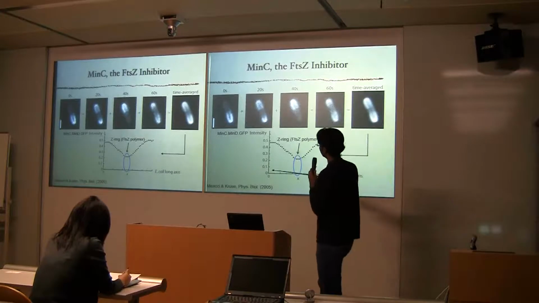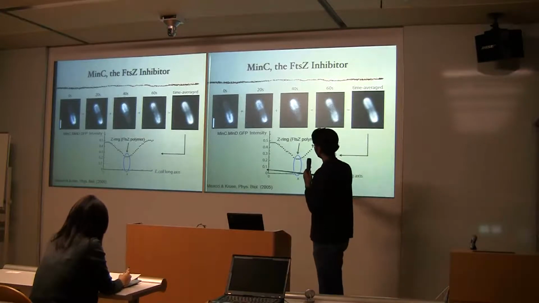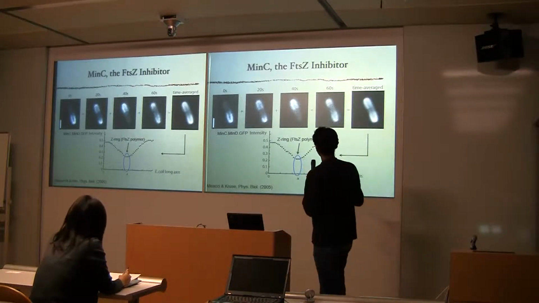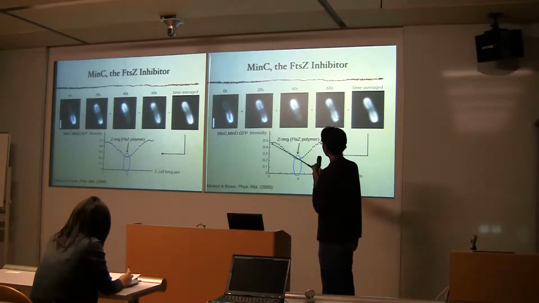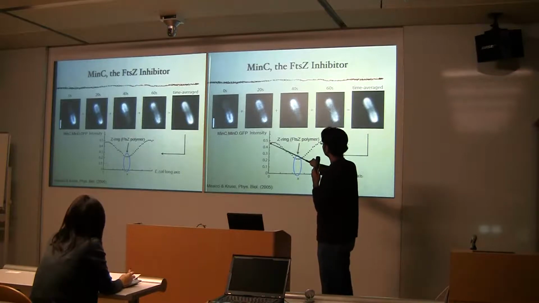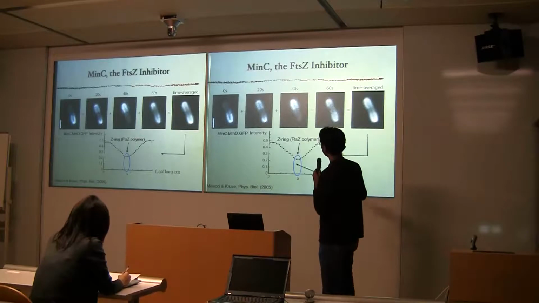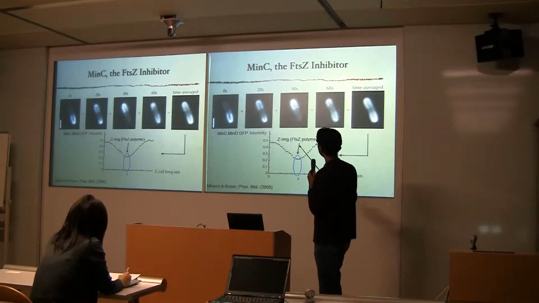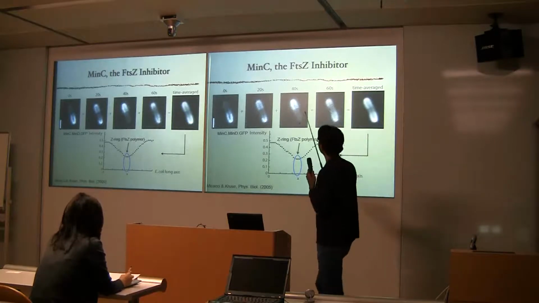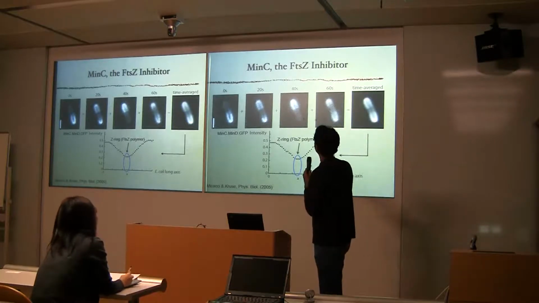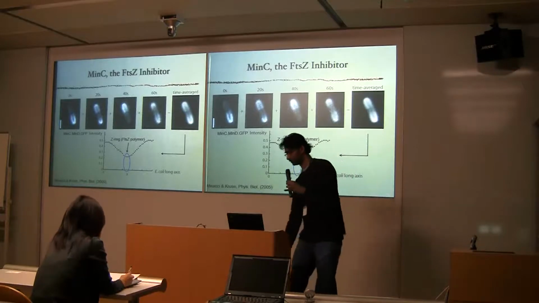This graph shows the intensity of the GFP, and this axis shows the position along the long axis of the cell. When we average over time, you can see that MinC is highest at the pole and lowest at the middle of the cell. Because MinC inhibits FtsZ, FtsZ can only form polymer at the middle of the cell. So it's important that this oscillation takes place every 1 minute in order to form correct division at the middle of the cell.